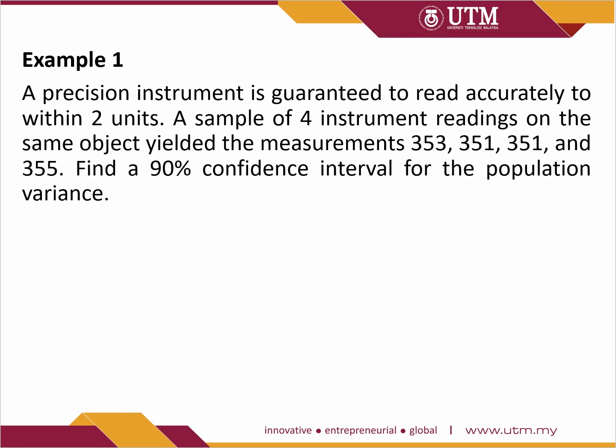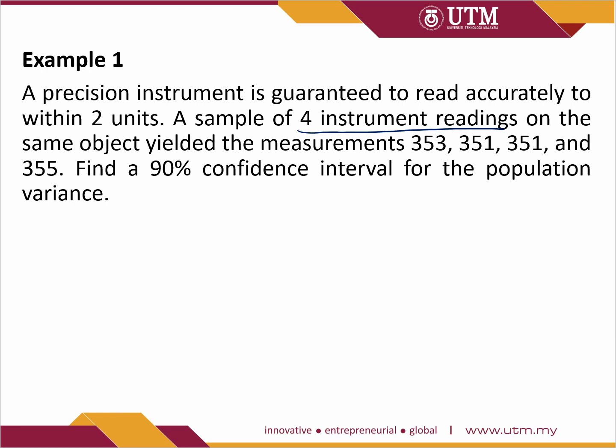Now let's try an example so that you can understand more about this confidence interval for population variance. A precision instrument is guaranteed to read accurately to within 2 units. A sample of 4 instrument readings on the same object yields the measurements 353, 351, 351 and 355.